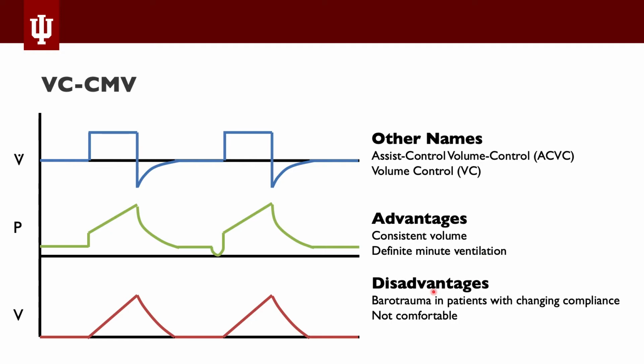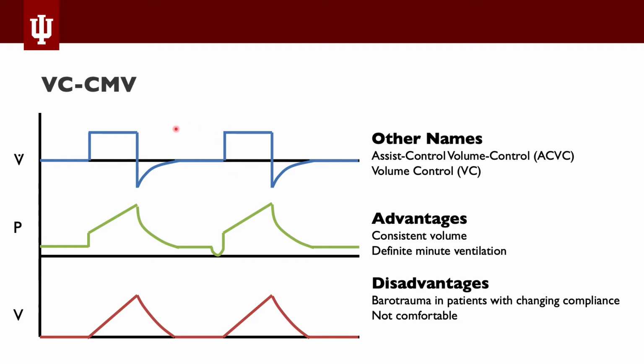Disadvantages: one, it's not very comfortable. It's not a very natural way to breathe. And two, if the patient has really poor lung compliance, you may need a lot of pressure to get this volume. So you could actually give your patient something called barotrauma just because you're having to give them so much pressure to get a certain volume.